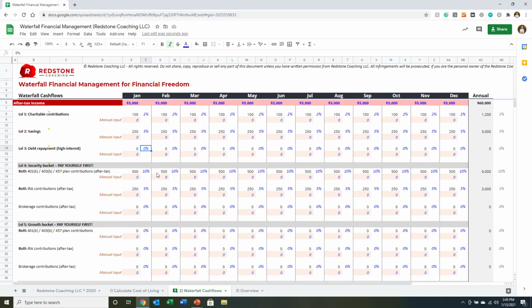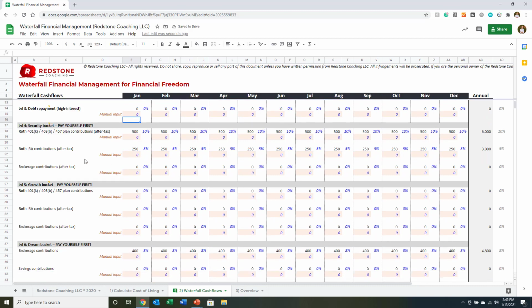Now, going down, you can see at the waterfall, you've already allocated $250 and $100, which means that if we were to do 5,000 minus your 100 here, minus the 250 here, going into your investment part of the waterfall, you still have $4,650 to allocate. So, next you're going to need to decide, where am I allocating this money in terms of my investments?